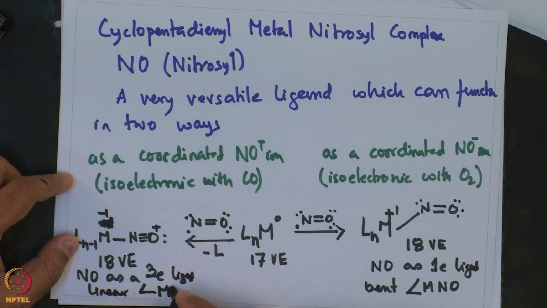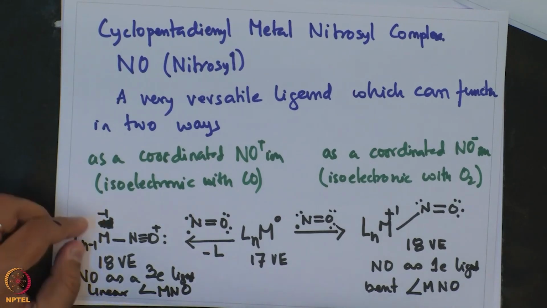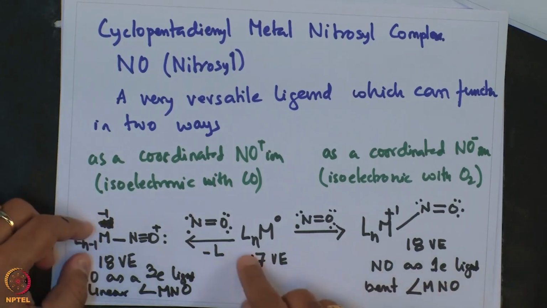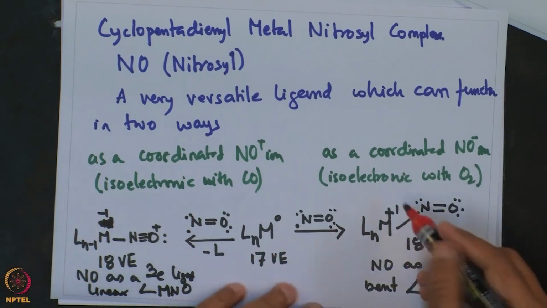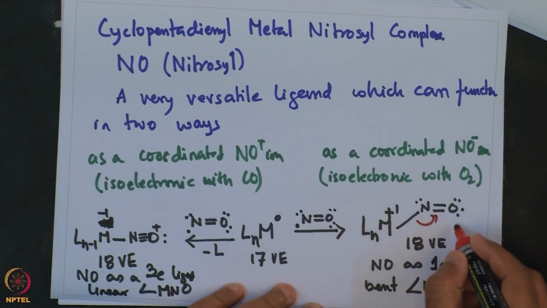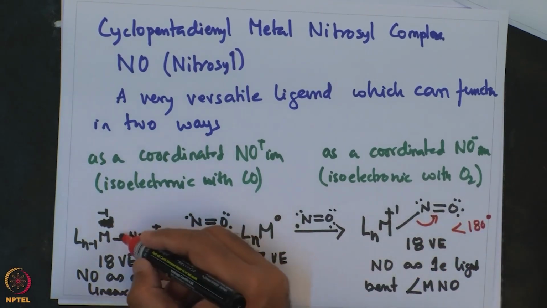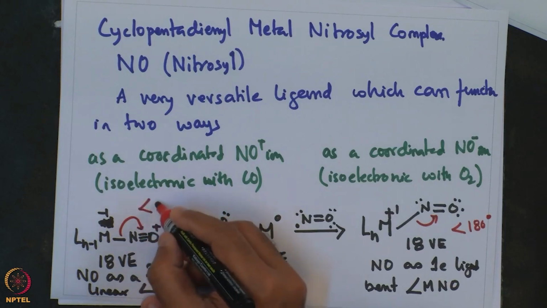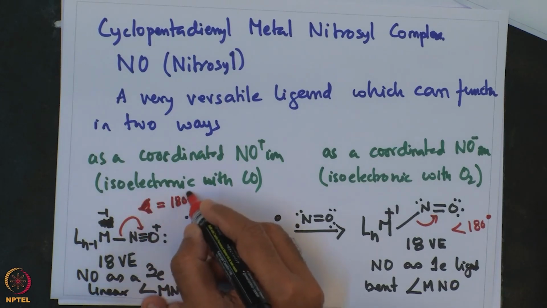angle of MNO. So, what we see is that NO can bind in two ways to metal. It can form a 1 electron bent, where the angle is bent less than 180 degrees, whereas it can be linear. This angle will be equal to 180 degrees.